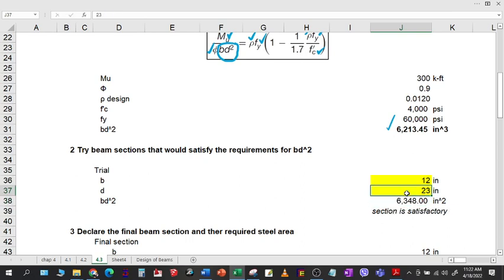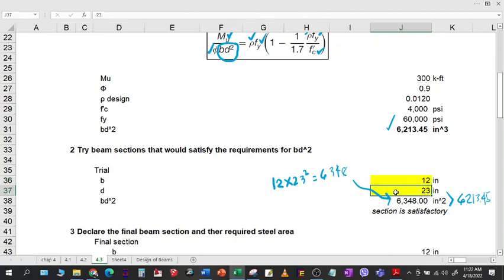If we plug in 23, the section is now satisfactory because 12 times 23 squared is equal to 6348, and this 6348 is greater than 6213.45.